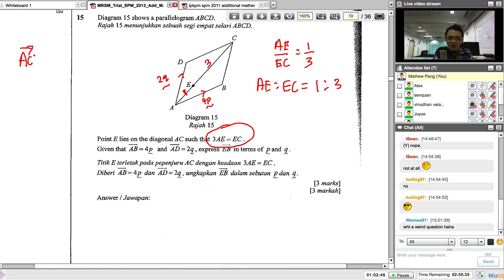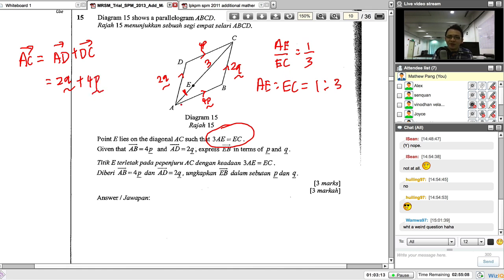So AC equals what? Since this is a parallelogram, opposite sides have exactly the same length. This is 4P, so this one is 4P also. This is 2Q, so this one is 2Q also. So AC equals AD plus DC, which is 2Q plus 4P.